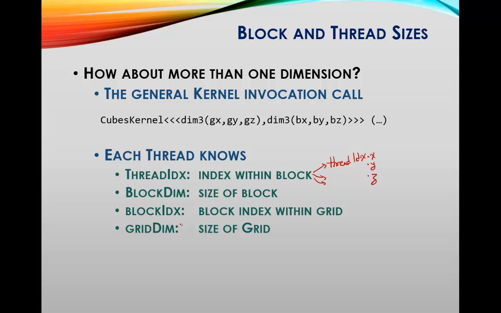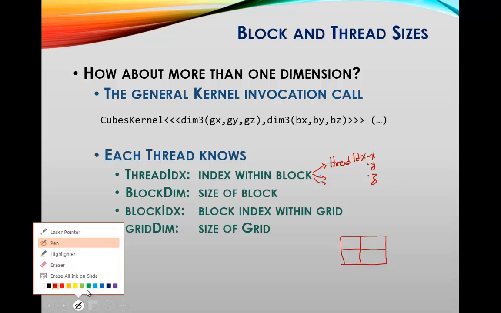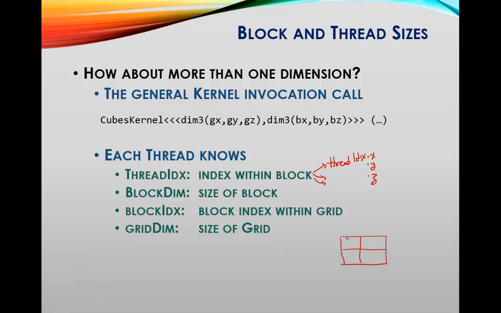Also, the thread knows its own block index. If I have a two-dimensional block of threads, and the grid of blocks is also two-dimensional, then my thread will know its own thread index. So the threads here will know their thread index, threadIdx.x and y, which is going to be their value here.